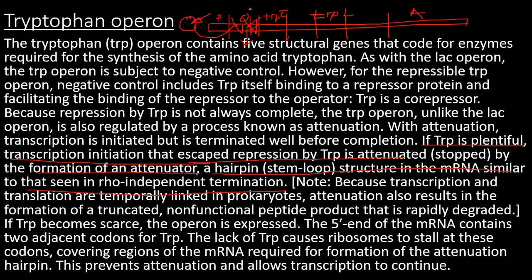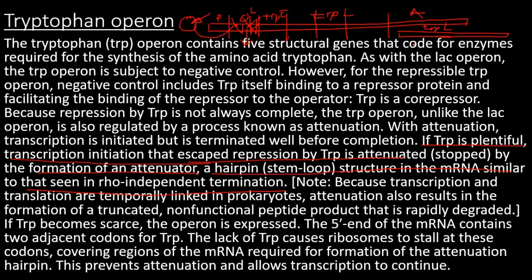So that region has sequences that can form hairpin loops. When we transcribe the messenger RNA of this region of the tryptophan leader, it will have a matching region. So let's say this is that region. This is the messenger RNA transcribed from the trpL, the tryptophan leader.